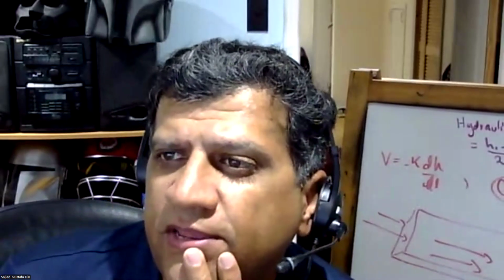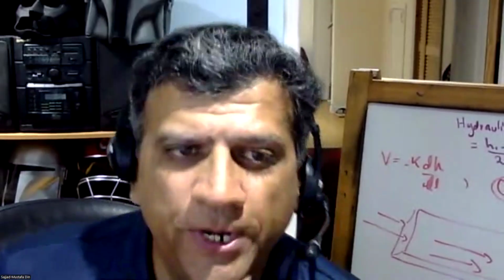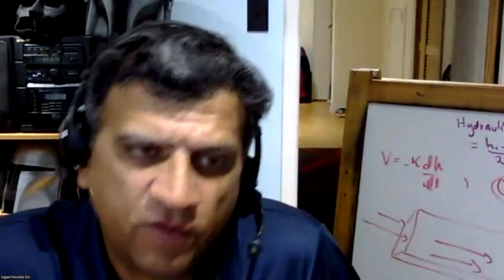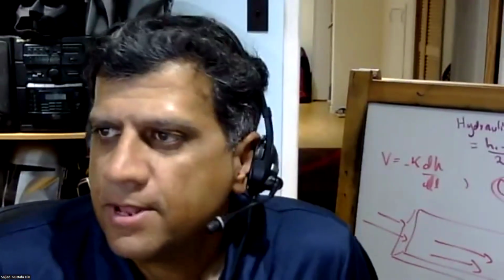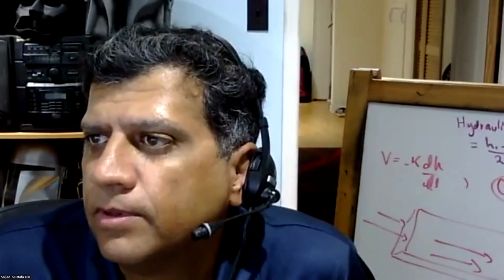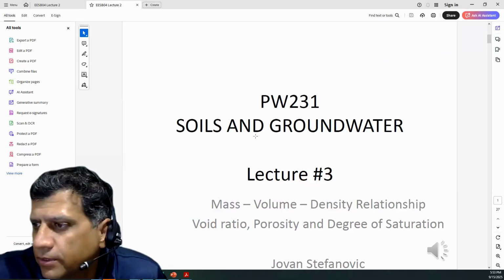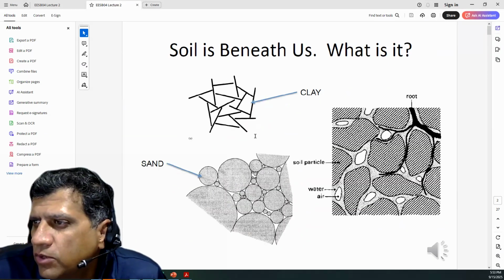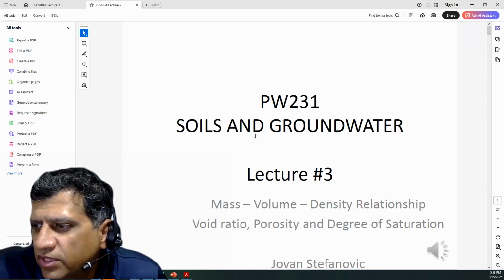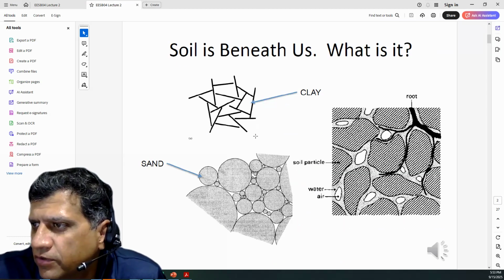We don't have any assessment due right now. You'll have assignment 1 that's due in October, but we need to cover off more material before I issue assignment 1. And that material, in next week's lecture, we're going to be going into the mass volume density relationship for soil.